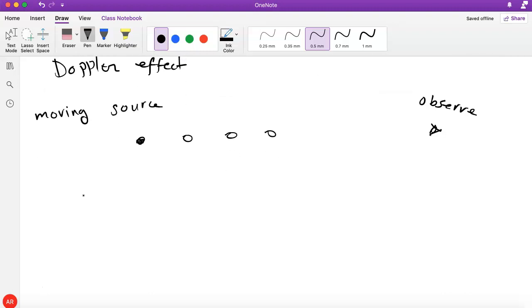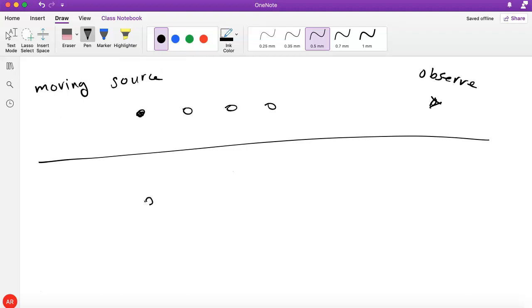Now, what happens if the source is moving? Let's try to draw a movie together. Let's say initially the source is here, and it puts out a wavefront at that point. A little bit later, that wavefront originated from that point, right? Once these disturbances leave the source, they start propagating in the medium, they become pressure waves in the air, they couldn't care less where the source moves later.